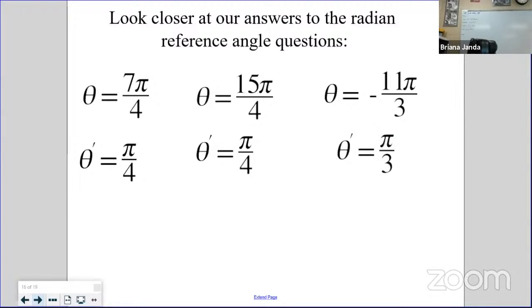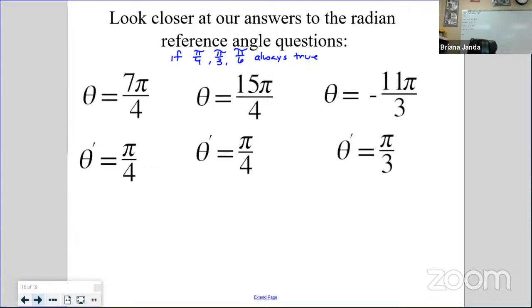One of the questions was 7π/4, we got an answer π/4. 15π/4, we got an answer π/4. Negative 11π/3, we got an answer π/3. Do you think that's a coincidence? It's not. It is not, whether it is a π/4, a π/3, or a π/6. This is always true.